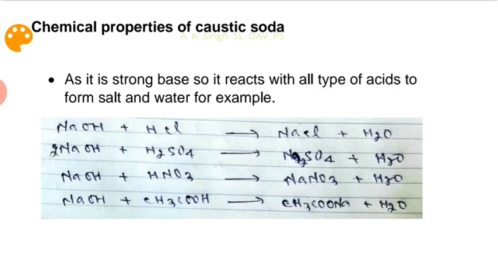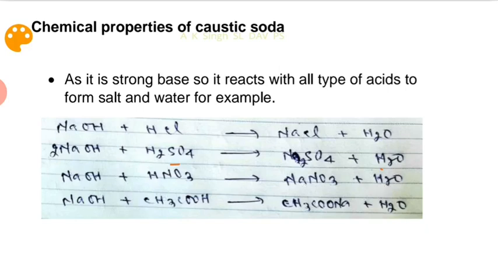For example, sodium hydroxide reacts with HCl to form NaCl and water. Sodium hydroxide reacts with sulfuric acid to form sodium sulfate Na2SO4 and water. Sodium hydroxide reacts with nitric acid and forms sodium nitrate and water.